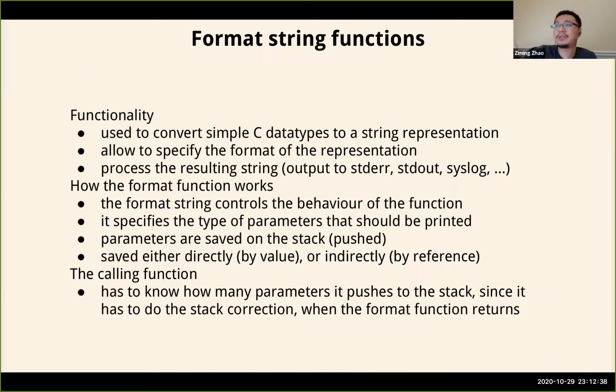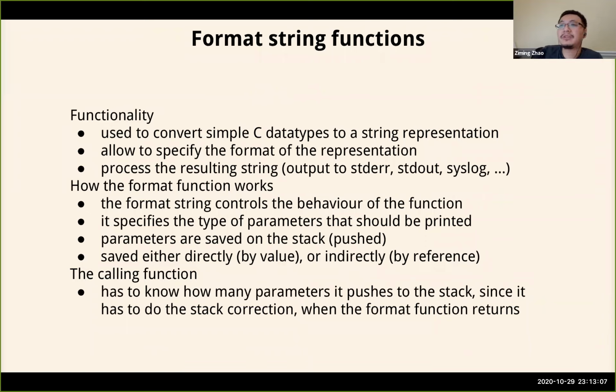So you need to use the format string to specify the type of data. Then the function will just print out that string representation. They can print it out to different places, could be stdout, stderr, or any file descriptor. Where you print out doesn't really matter. There are so many functions that can do that. printf is just one.